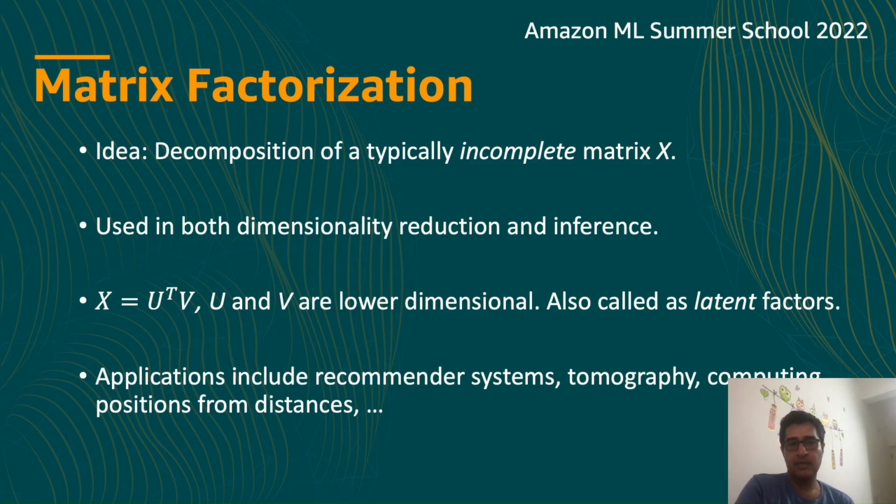And this particular operation of identification of these lower dimensional matrices in matrix factorization is also called identification of latent factors. Like I said, matrix factorization has been used successfully in multiple things like recommender systems, tomography, and so on and so forth, to be able to identify the essential structures sitting in problems like these.